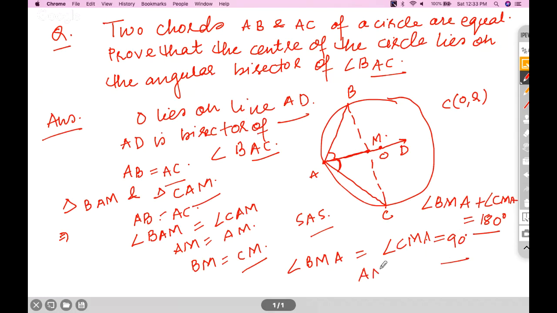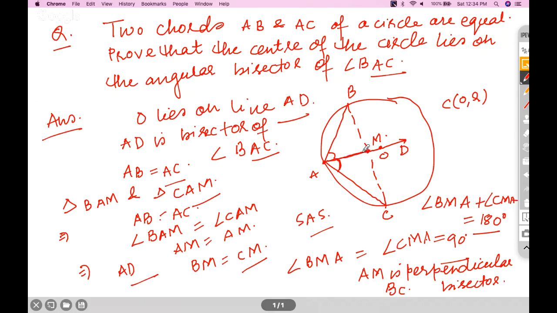So it means that AM is the perpendicular bisector of chord BC. So AD would also be the perpendicular bisector because AM is a part of it.